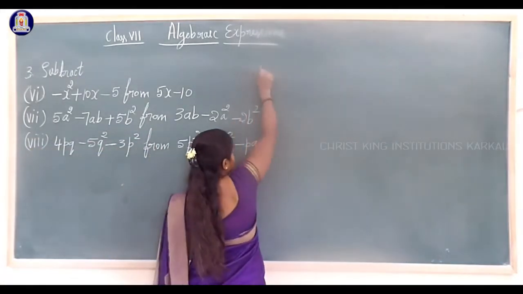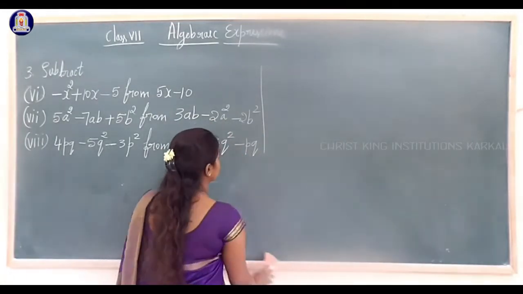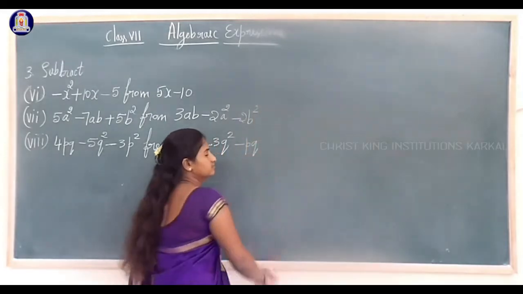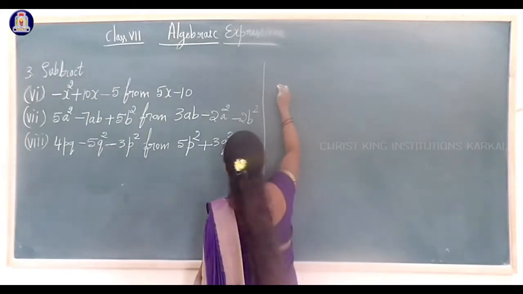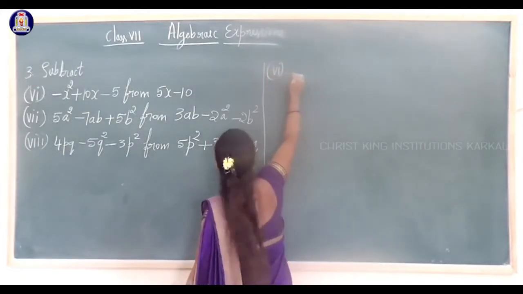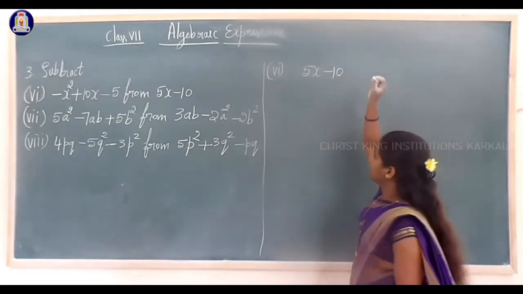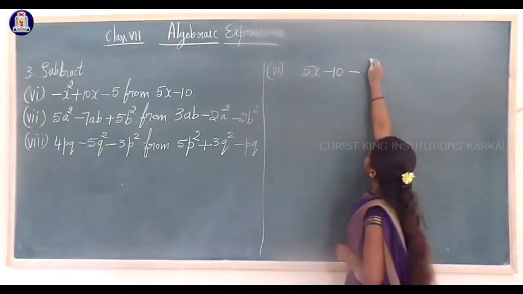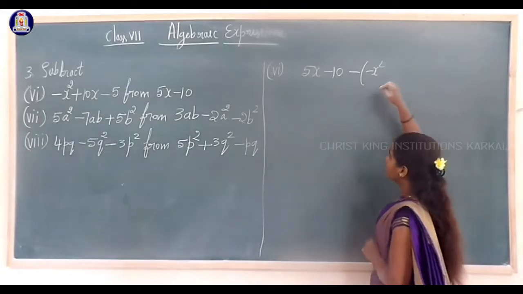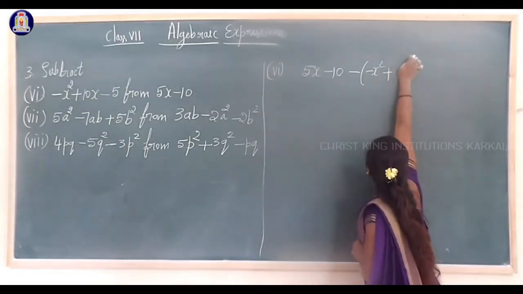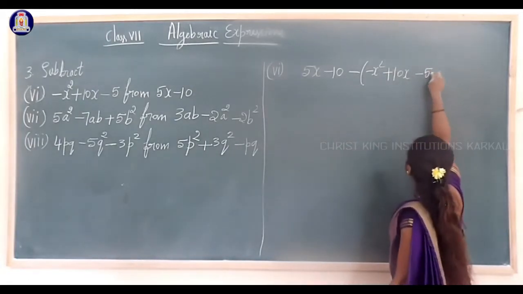So from 5x minus 10 you have to subtract, which means minus, minus x square plus 10x minus 5.